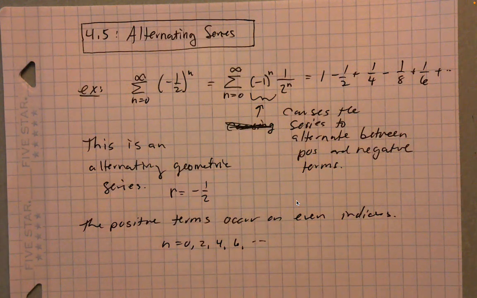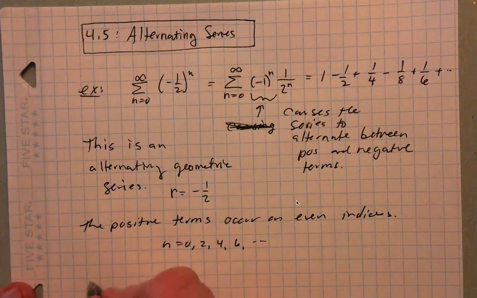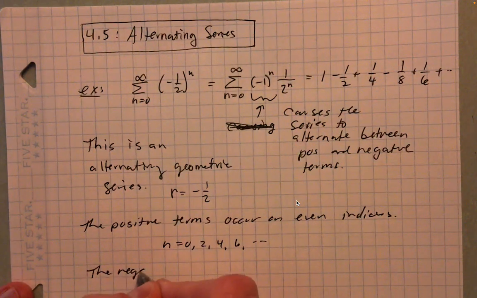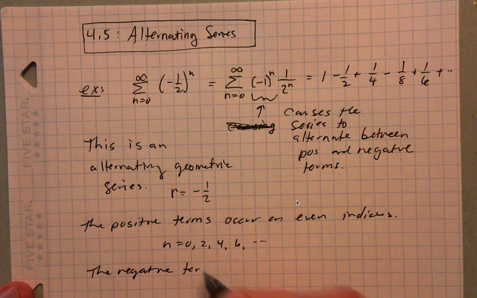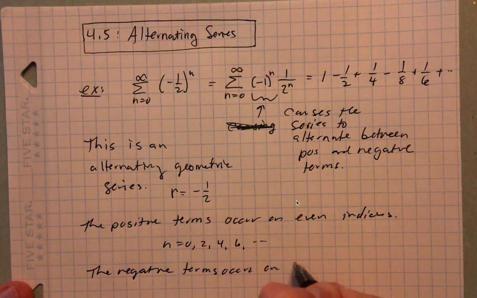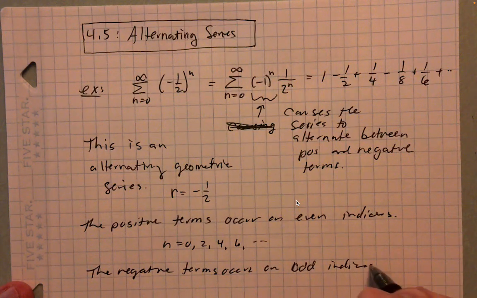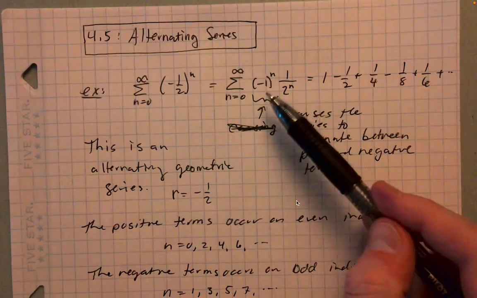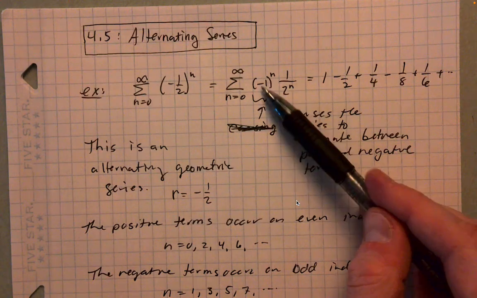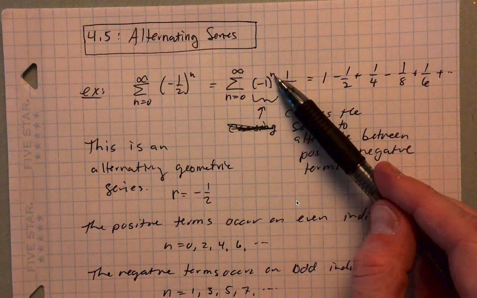Now in this example, the negative terms therefore occur on the odd indices, whenever n is equal to 1, 3, 5, 7, and so on. And that's just because the exponent on the negative 1 piece here is just n.